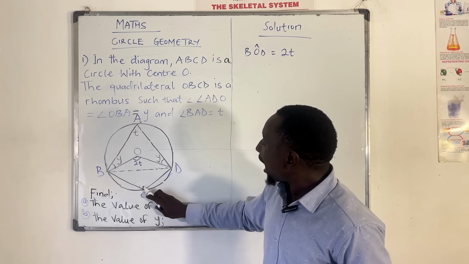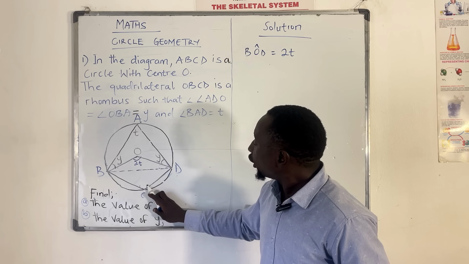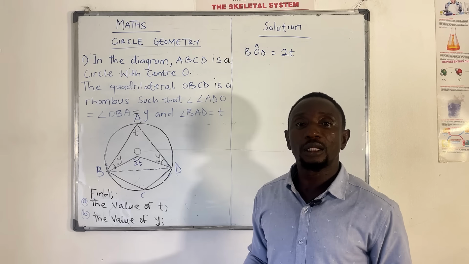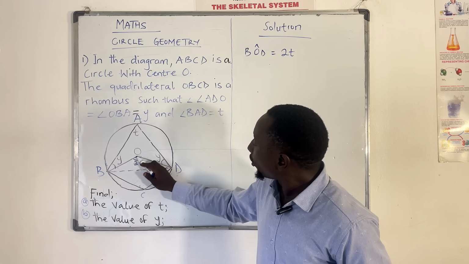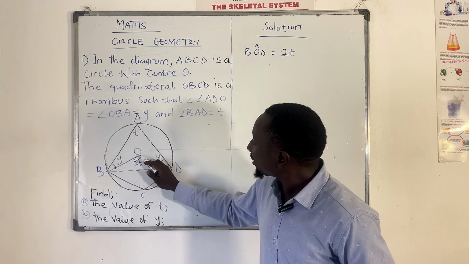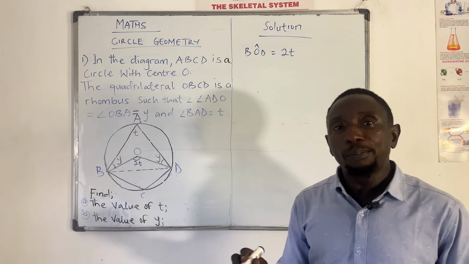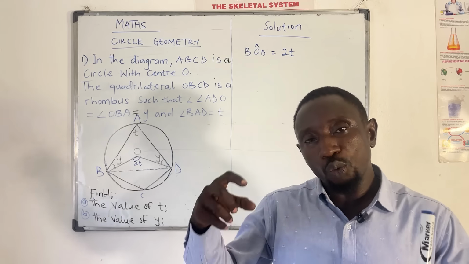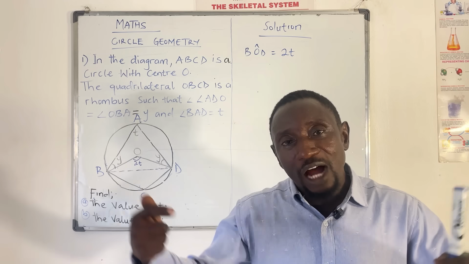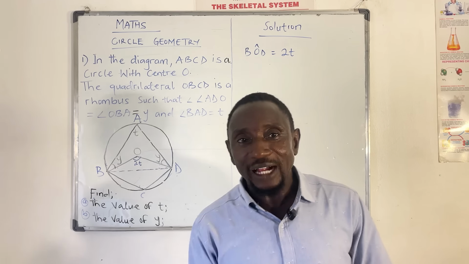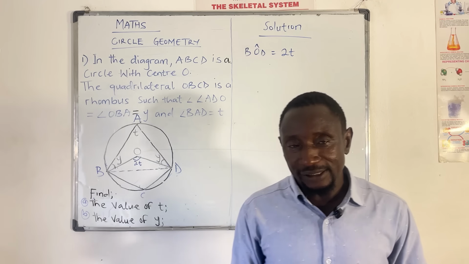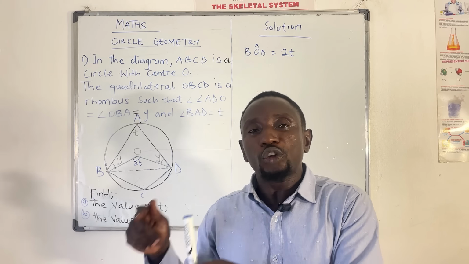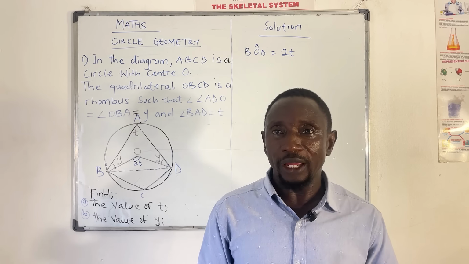Now, to find this angle, this very angle here, if you consider this rhombus, a rhombus is a special square whereby the opposite angles are equal. In fact, all squares are rhombuses, but not all rhombuses are squares.